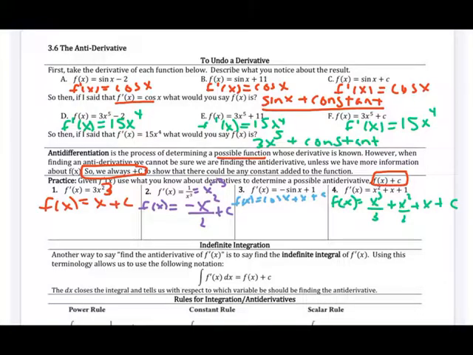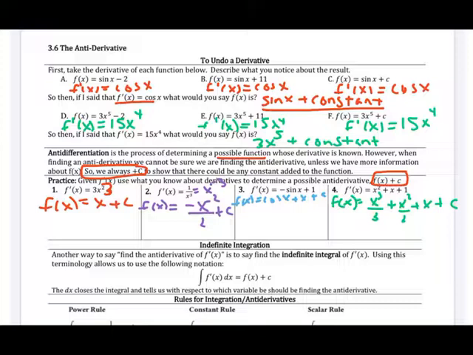Looking at number 1, we know that when we take the derivative, we move the exponent forward and we subtract 1. So originally this was x to the third power because it's now x to the second power. If this was originally x to the third and we differentiated to get 3x squared, that would give us this value.